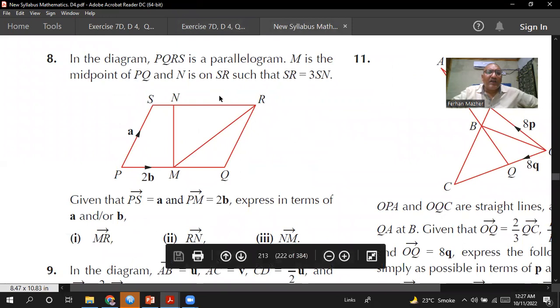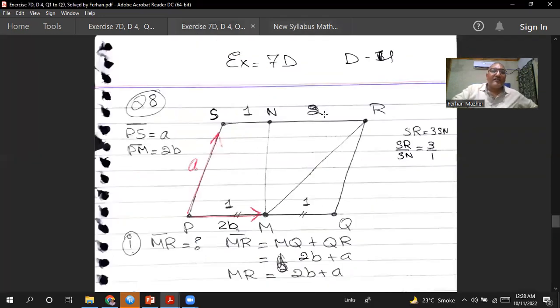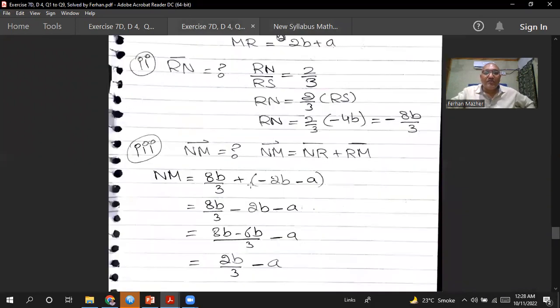Then they want me to find out RN, R to N, RN by RS. RN is 2, and the SR is 3. Okay, this is 2, and the whole thing is 3. That's the ratio. Okay. So RN, I want to find out.